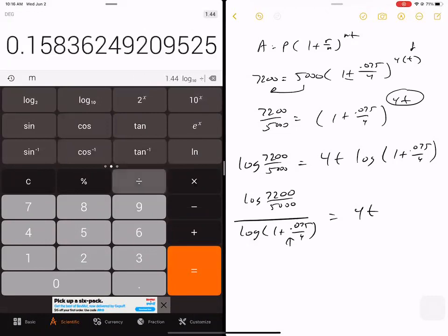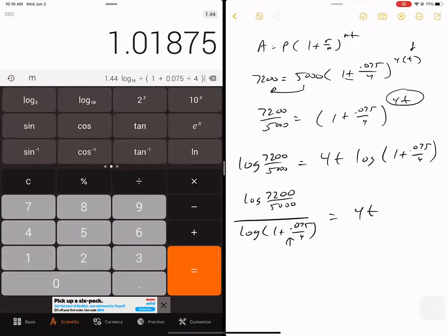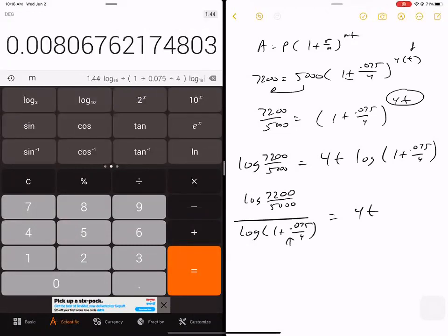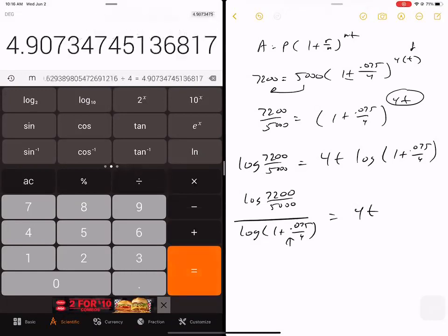Then I'm going to divide this by, I need to do parentheses for this one, parentheses, 1 plus 0.075 divided by 4. Close the parentheses. Okay, that's my percentage rate. Then I'm going to log this number. And I'm going to equals, and that's the top divided by the bottom log. Then we divide this number by 4. And we're good to go.